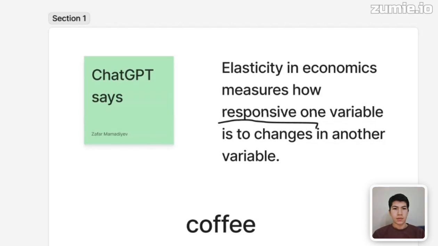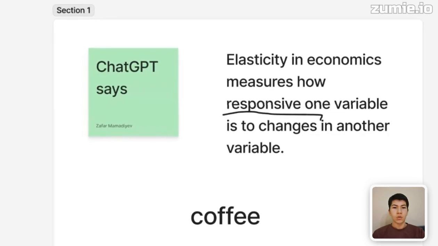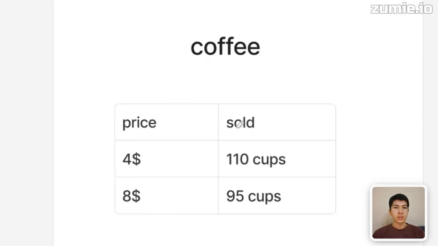Like when your product increases in price, people stop buying it quickly, dramatically. And when there's no response, or there's only a little bit of change, that means your product is highly inelastic and you're lucky. So let's take a look at the coffee shop.